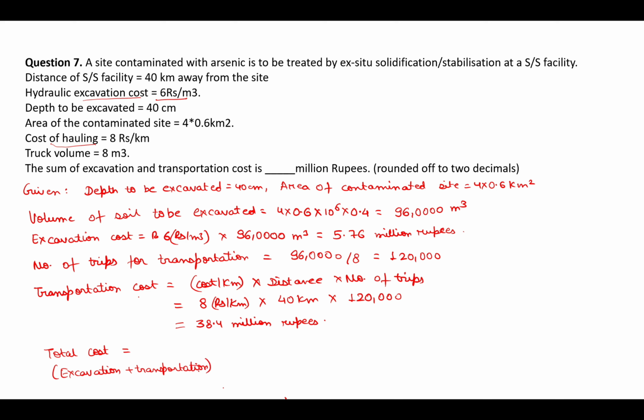We have excavation cost as 5.76 million rupees and 38.4 million is the transportation cost. So adding these two, we will get 44.16 million rupees as the total cost. So this is the final answer.